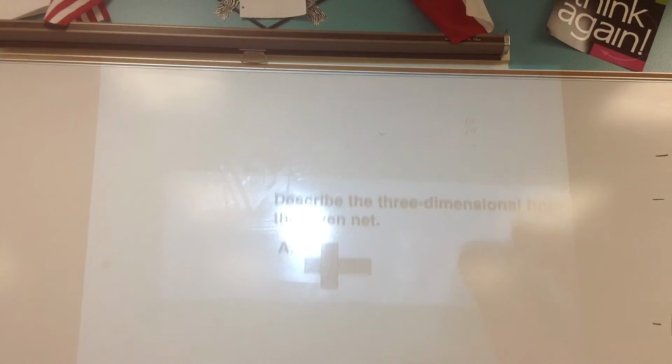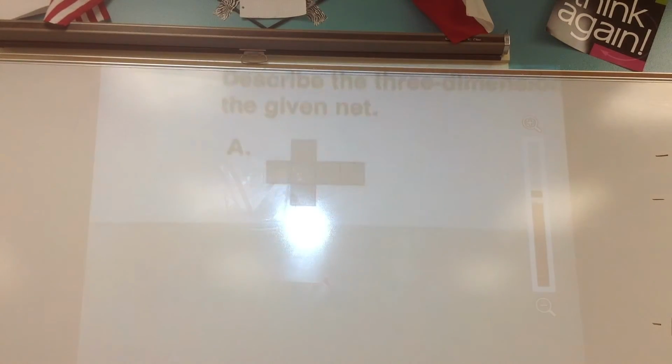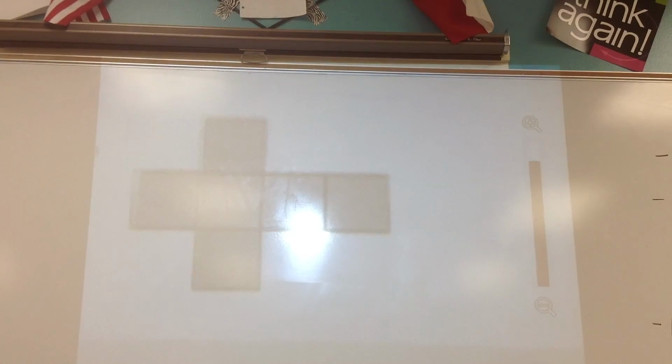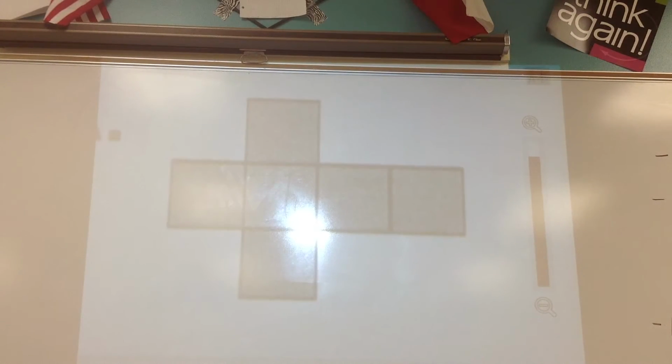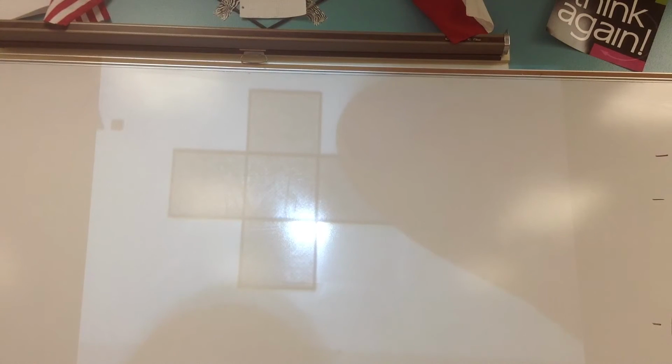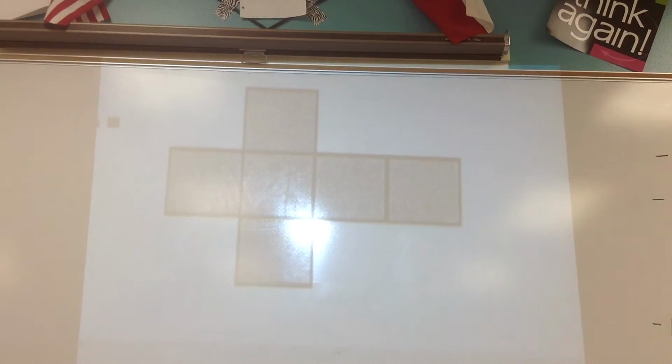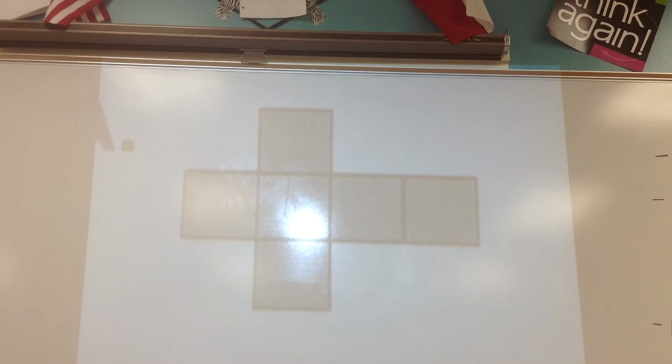One thing I will show you is this is our standard net for a cube. And this is just, if most people were going to sit down and sketch out how can I make a cube, this is what they would draw. So you'll notice, if I fold this top and this bottom square up, okay, those become the front and the back of my cube. This piece that's in between those two is the bottom of my cube. I can fold up this left square that makes up the left side of my cube.